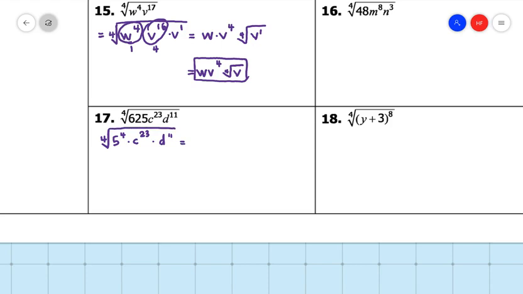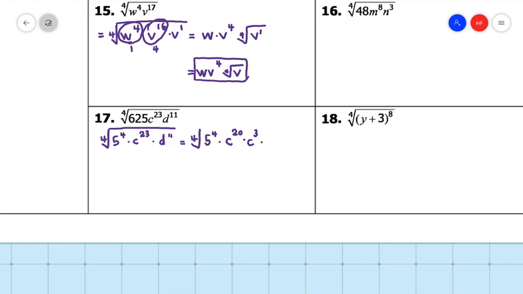So since my index is 4, I want to make everything a multiple of 4. 5 to the 4th is good. 23. The closest I can get to 23 is 24, but that's too high over. So I'm going to go one multiple of 4 below that, which would be 20. So I have c to the 20th, and left over I would need 3 more powers of c.